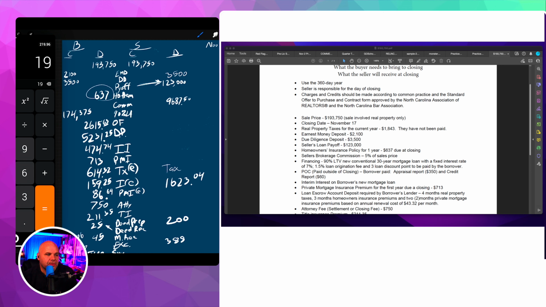Financing, got a 90% loan to value, so we can calculate 90% of $193,750, count that as a buyer credit over here. We're also going to be using that in some other calculations in a minute, one of which is loan origination fee and discount points together count for 4.5%, because the origination fee is 1.5 and the points are 3.